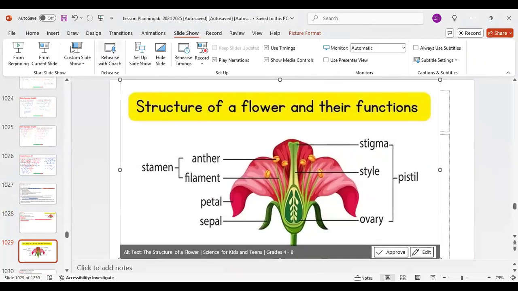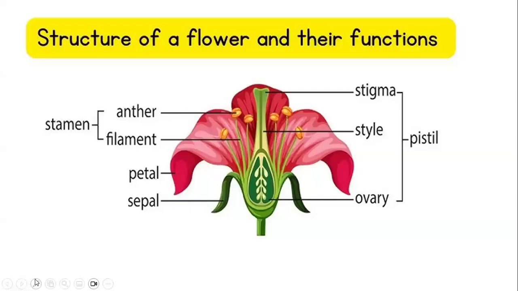So let's say that the pollen from the anther goes to the stigma. What do we call that, class? Let me try it again.